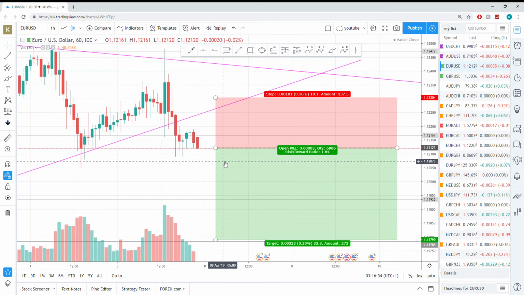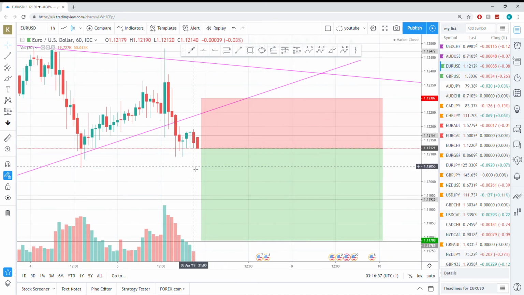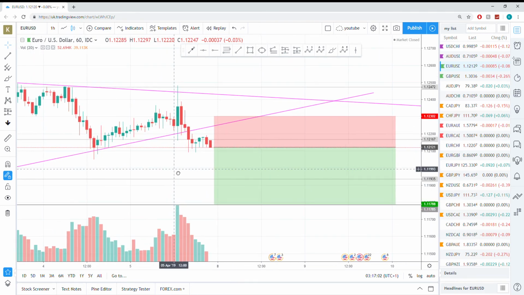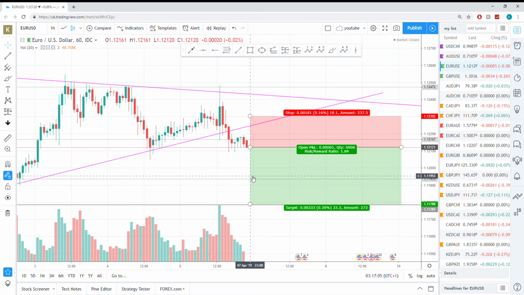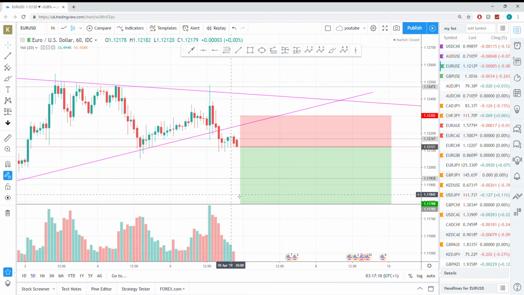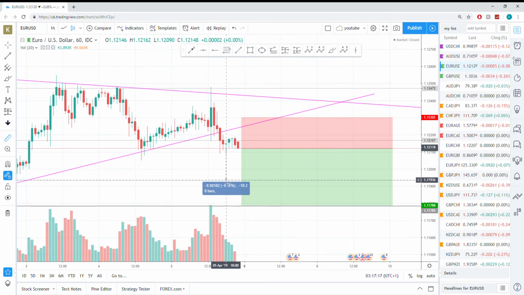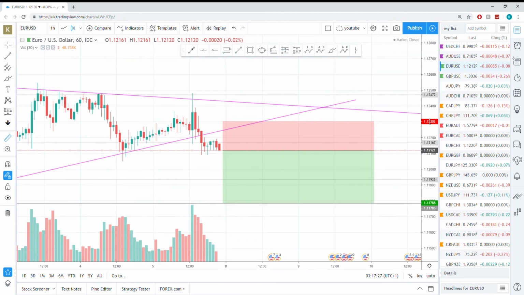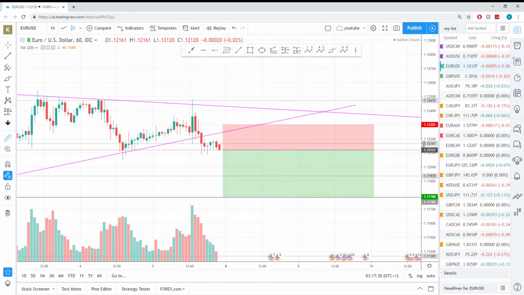So this would be where I would possibly look for entry, and would look for targets to take profit zone TP1 to be here, TP2 to be there. So for TP1 18 pips, TP2 32, so roughly about 50 pips collectively in those two trades.